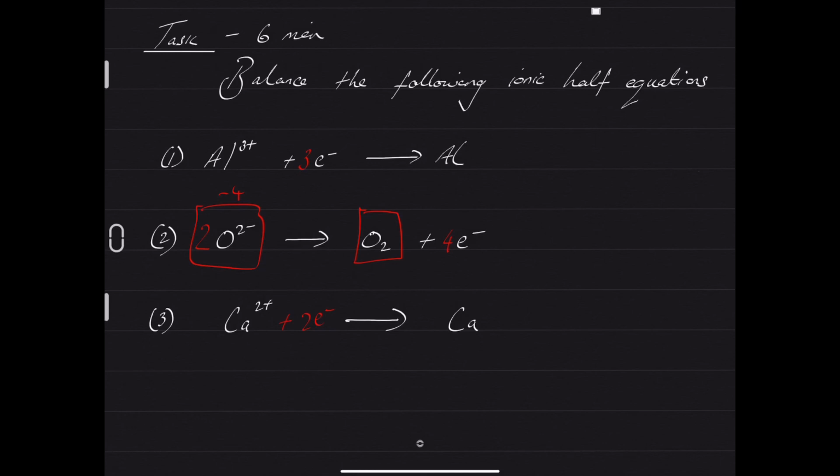So which electrode would it be occurring at? Just pause the video, take a couple of minutes, and think about it. Is it an oxidation reaction or a reduction reaction for each one? And which electrode would these reactions be taking place at?